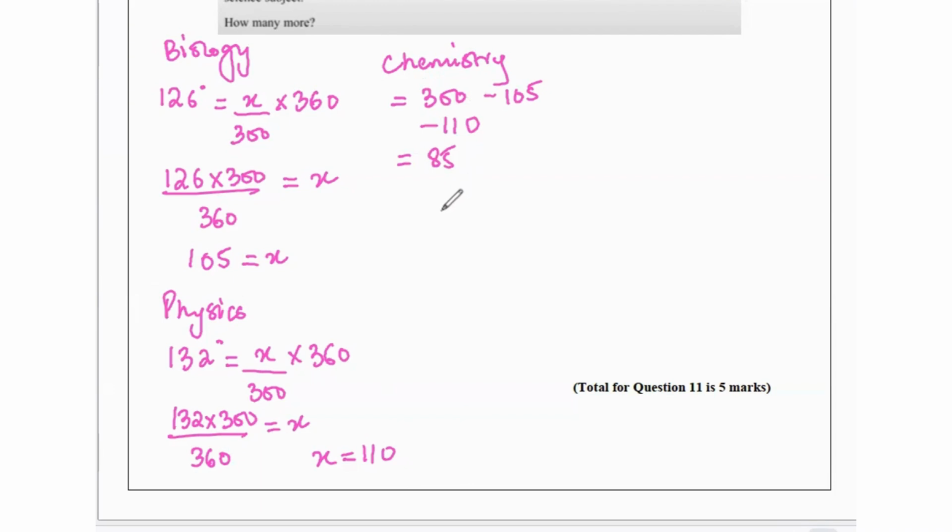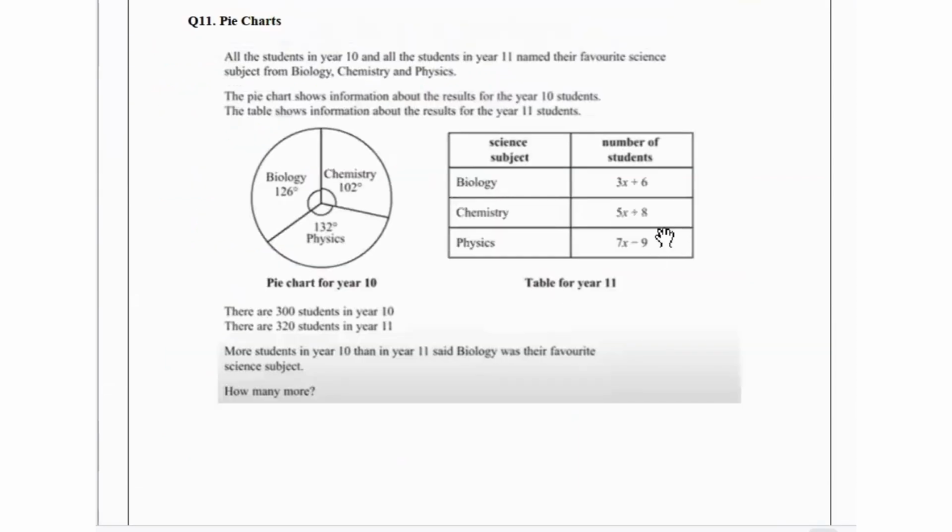Now we need to figure out year 11. Year 11, it's saying that number of students for biology is 3x plus 6, chemistry is 5x plus 8, and physics is 7x minus 9. Total number of students, we will first find the value of x and then separately find the number of biology students for year 11.